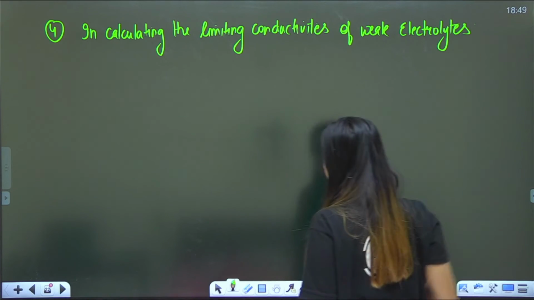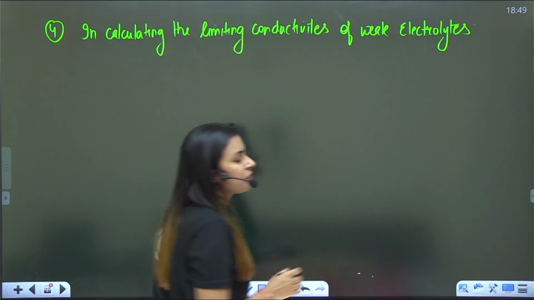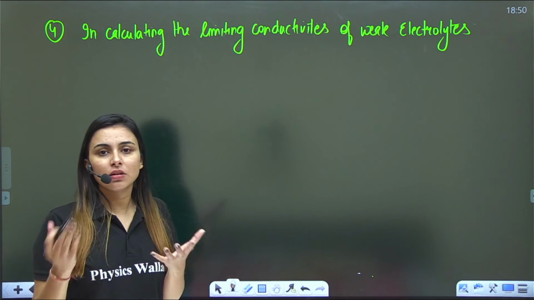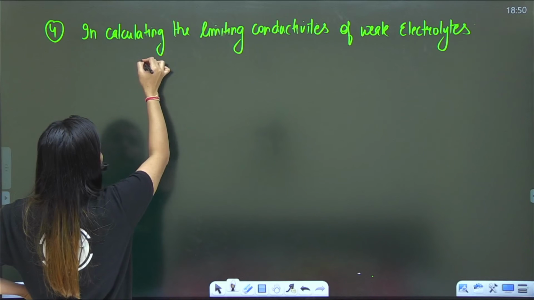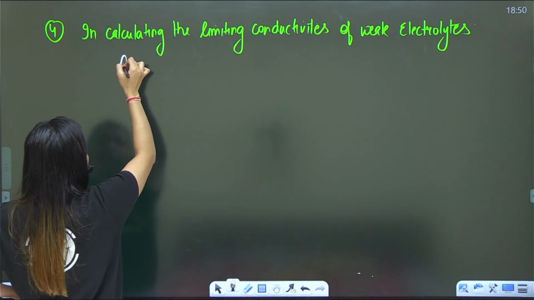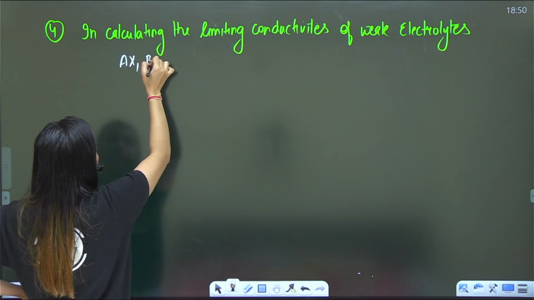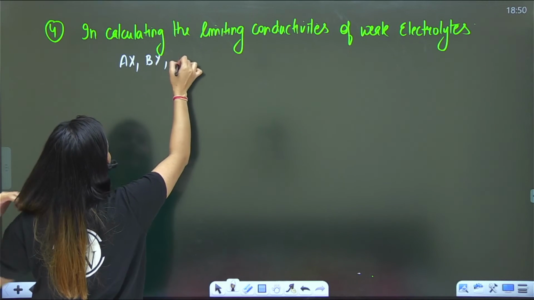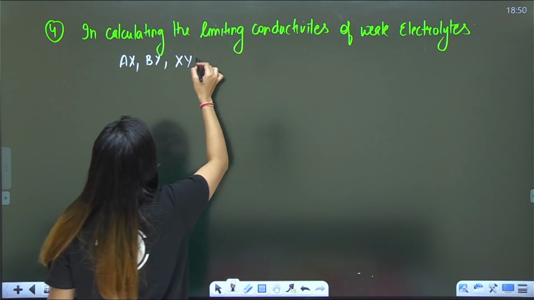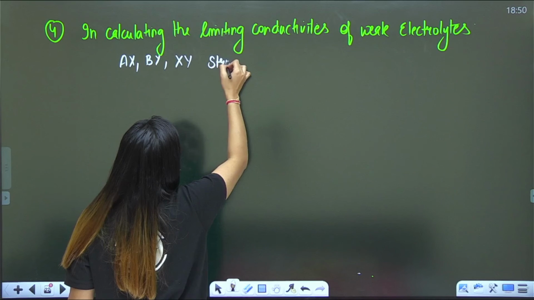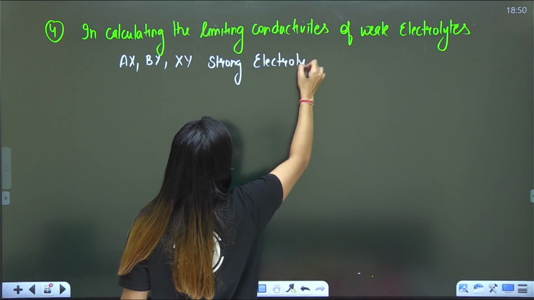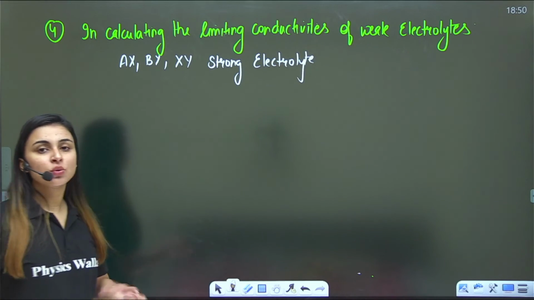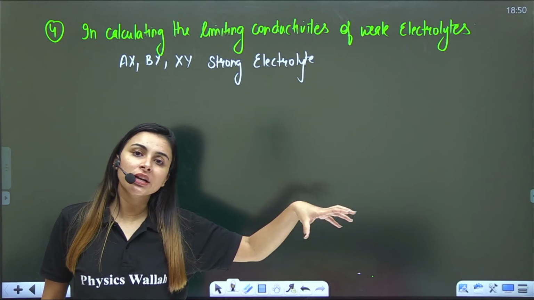Okay. So, now my dear students, when you talk about a weak electrolyte, I'll be making an example on my own. So, just bear with it. Let's say you have AX, BY and XY, strong electrolytes. Yes, you can dilute them to the infinite dilution and you can calculate their individual molar conductivities.